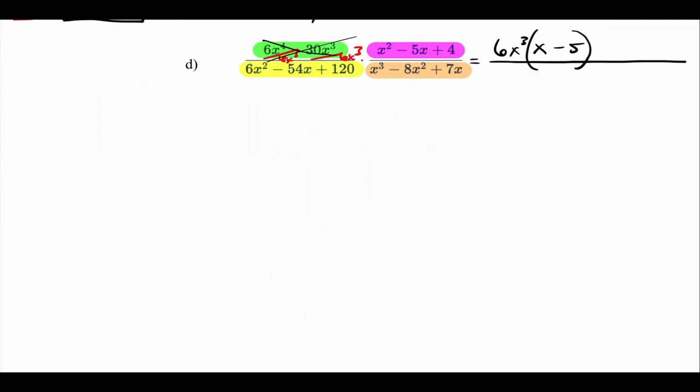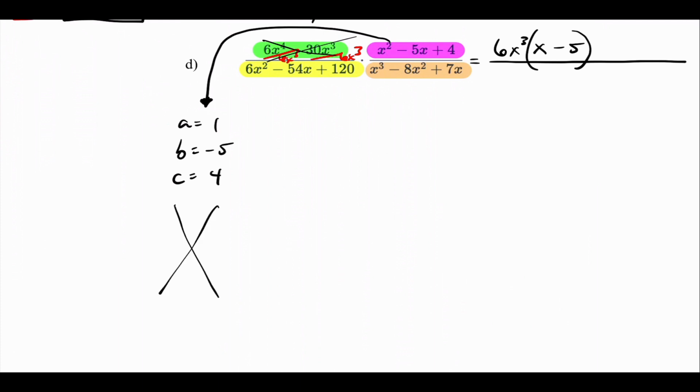Pink. Pink is a trinomial, so I'm going to follow those steps. The pink does not have a GCF. So what I'm going to do for the pink is move it over here and do ABC with the pink. A, B, C. Multiply to be 4, add to be negative 5. Negative 4, negative 1.